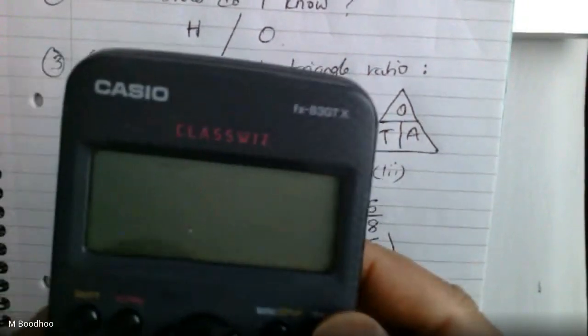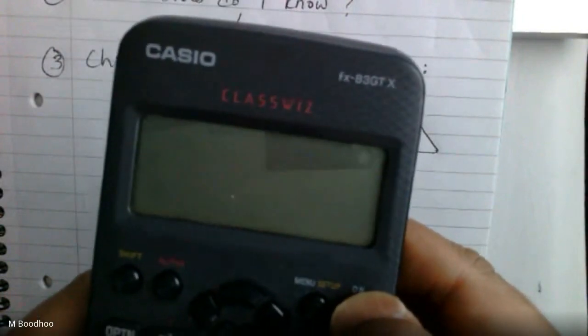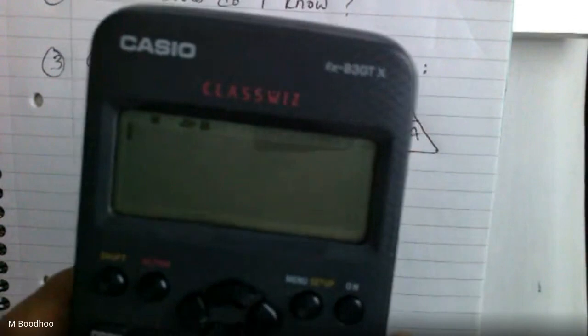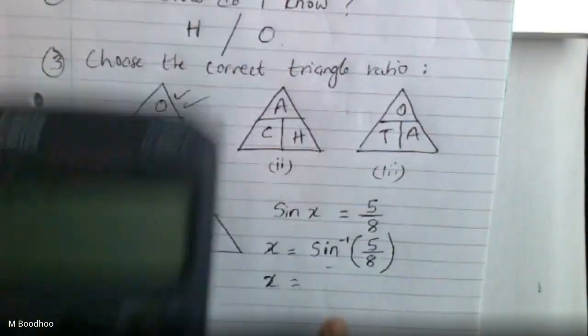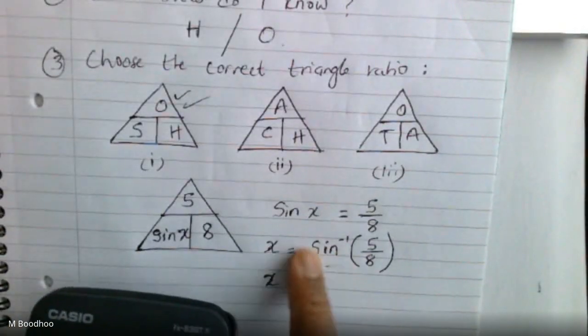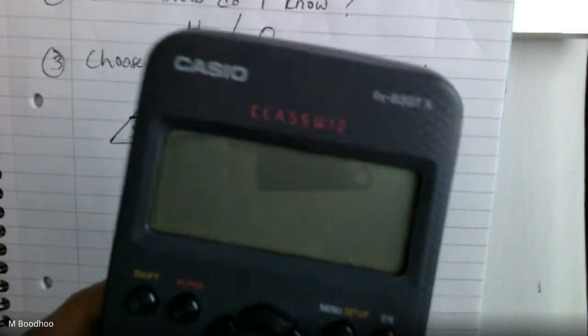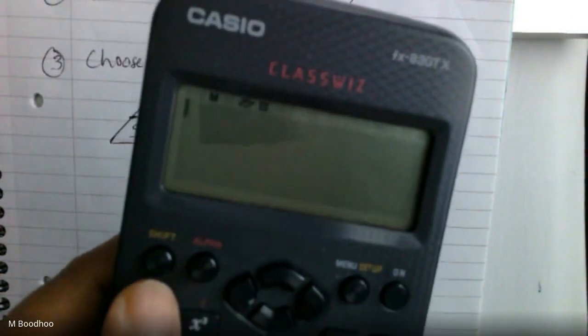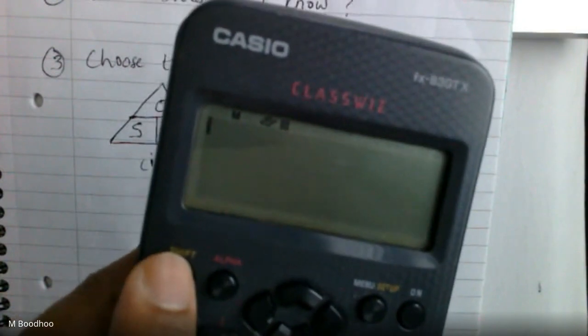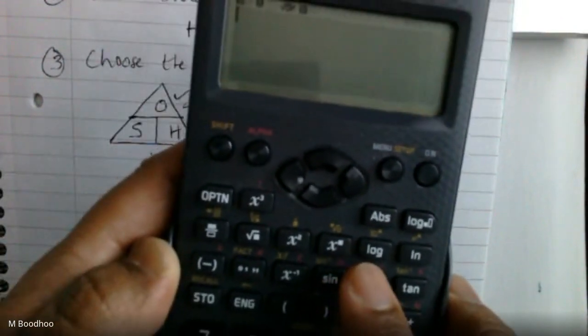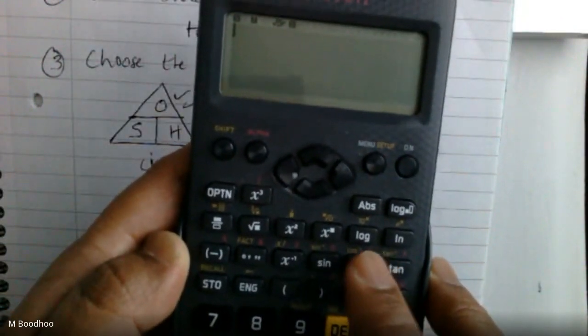Look how I'm going to do this. I'm going to press on. Okay, my calculator is on. I need sine inverse, that symbol here. For me to get sine inverse, I have to press shift once, and then I'm going to press the sine button.